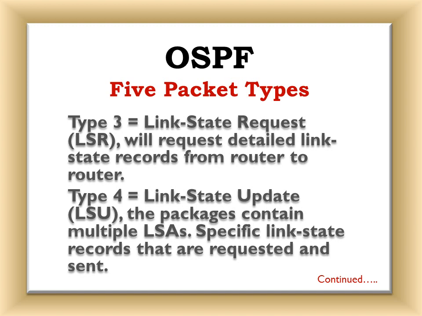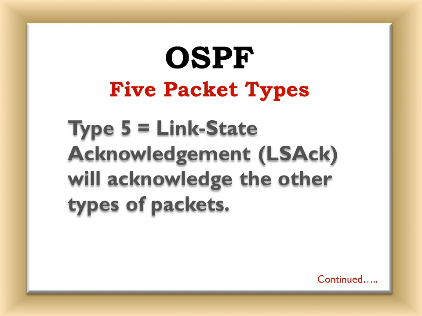Type 4, link state update, LSU, packets contain multiple LSAs, specific link state records. And then finally, type 5, link state acknowledgement, LSAck, will acknowledge the other types of packets.